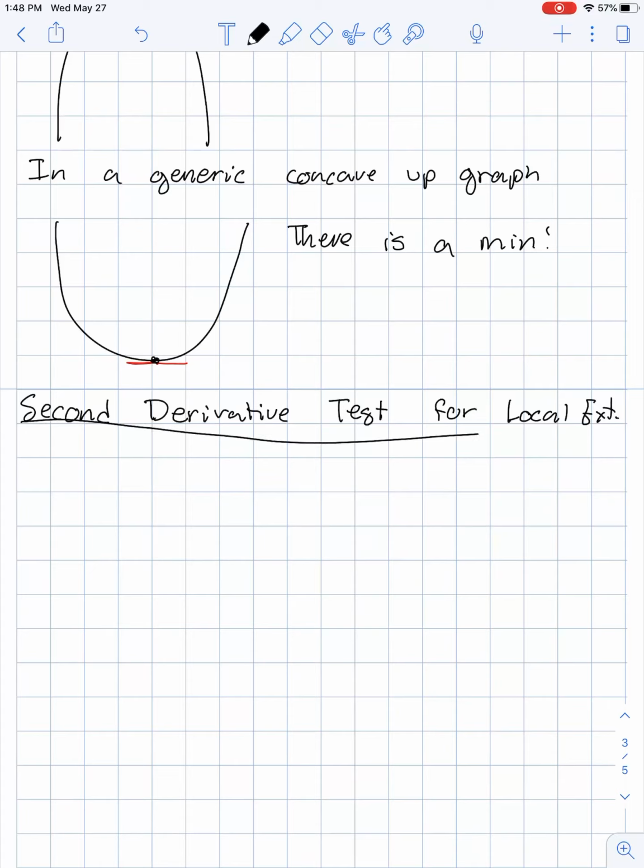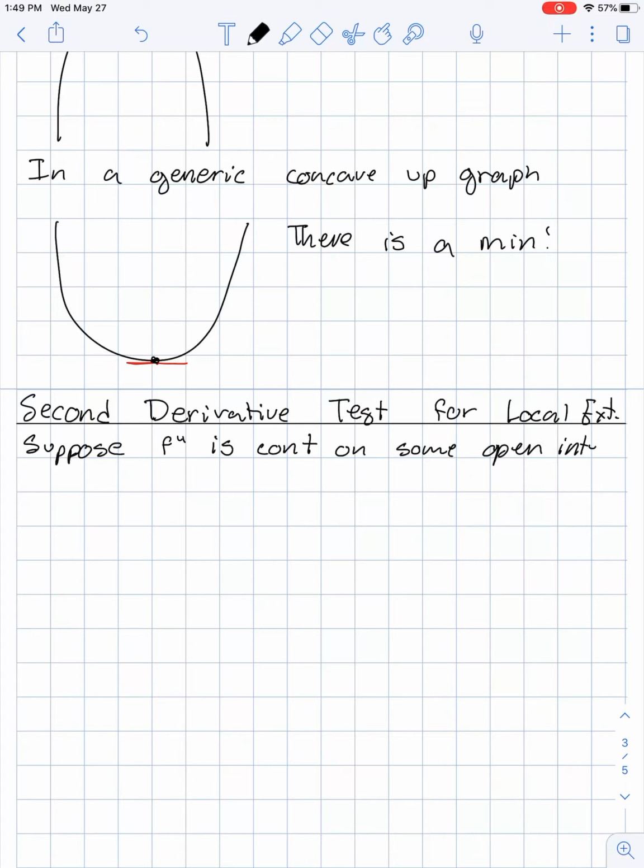We're just going to call extrema EXD for simplicity's sake. So we're going to suppose f double prime is continuous on some open interval. If it's not continuous, then this doesn't work.